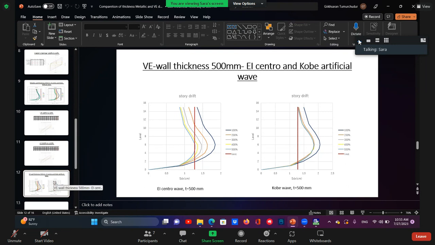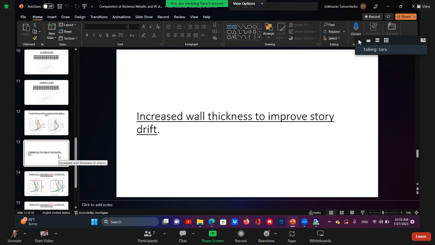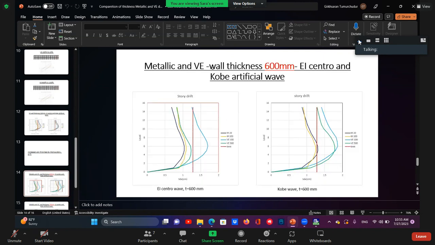So we decided to increase wall thickness to improve story drift. So wall thickness is 600 millimeter.